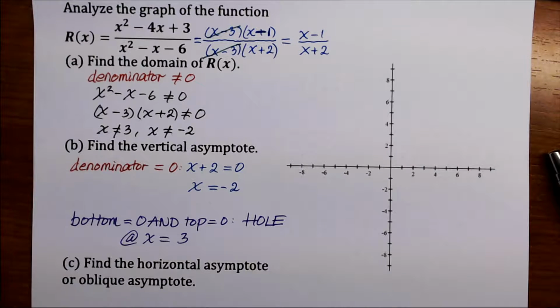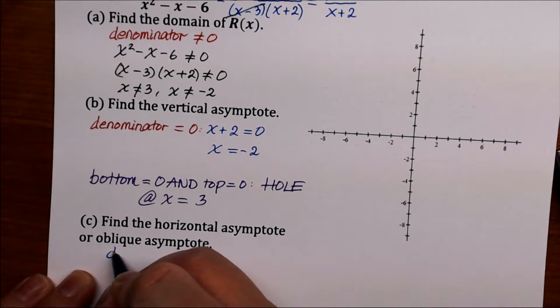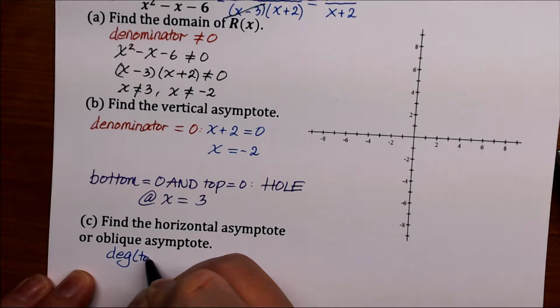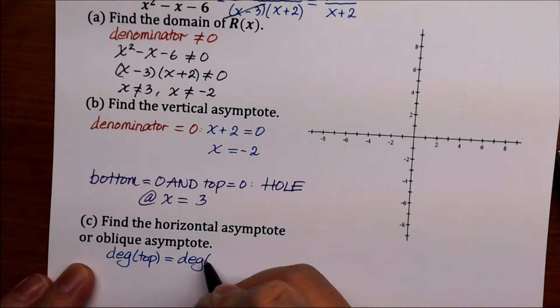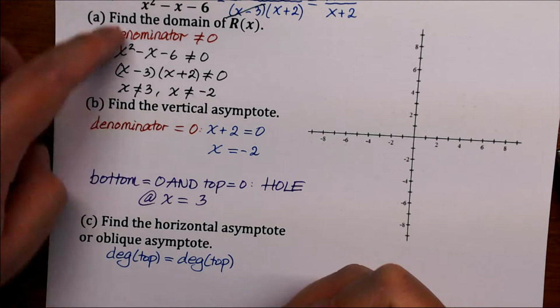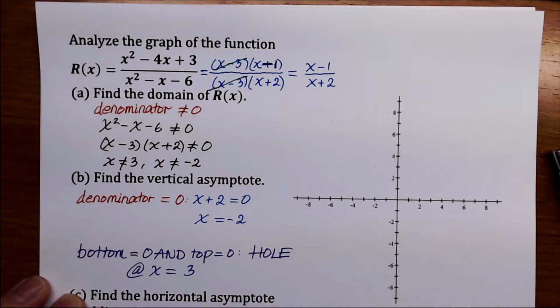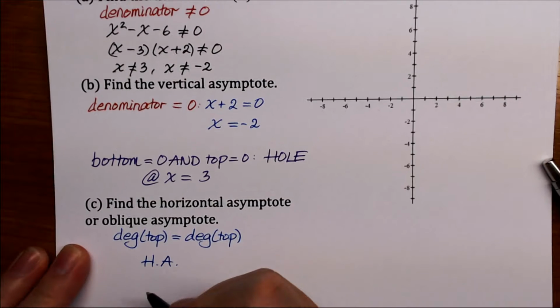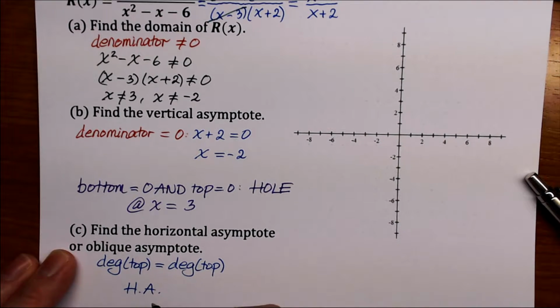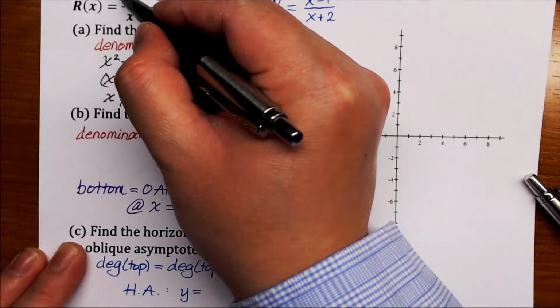The horizontal asymptote, this should be easy. The degree on top is the same as the degree at the bottom. Both of them equal to 2. So in that case, the horizontal asymptote will be y equal to the ratio of leading coefficients.